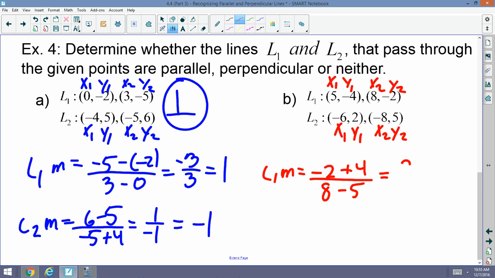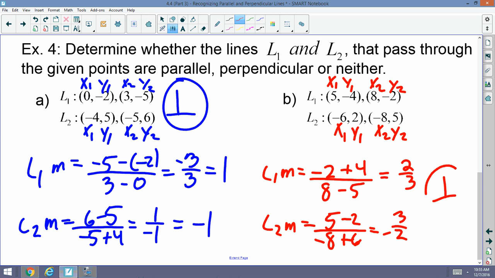So this is going to be 2/3. And then my slope for line 2 will be y2 minus y1 over x2 minus x1. So this will be negative 3 over 2. So are these parallel, perpendicular, or neither? Perpendicular.